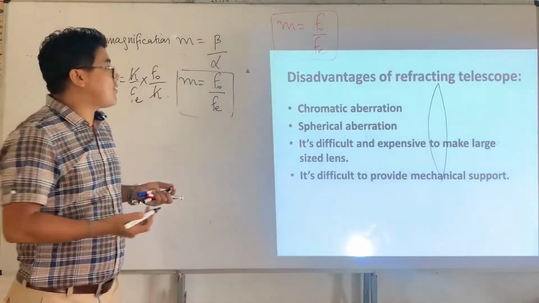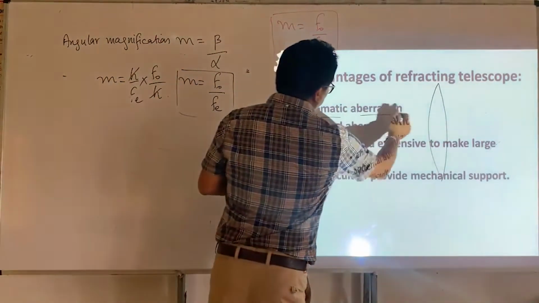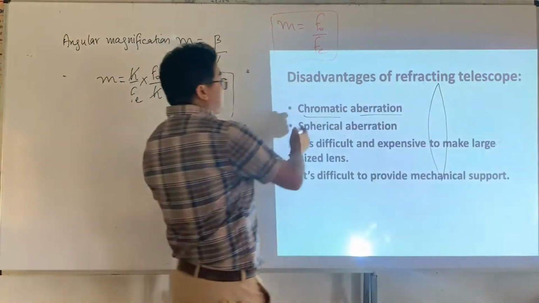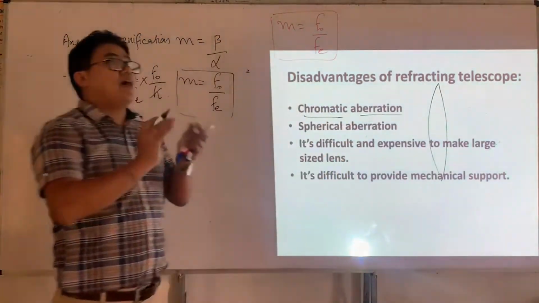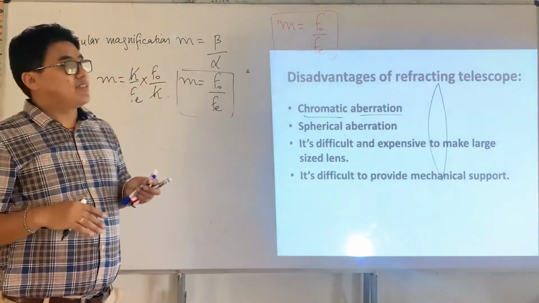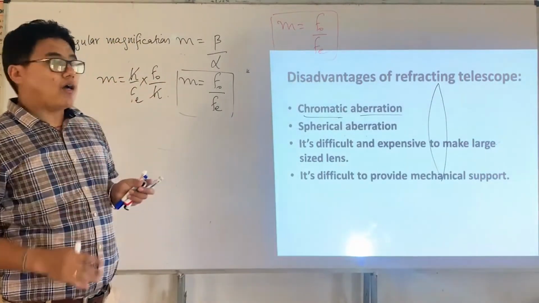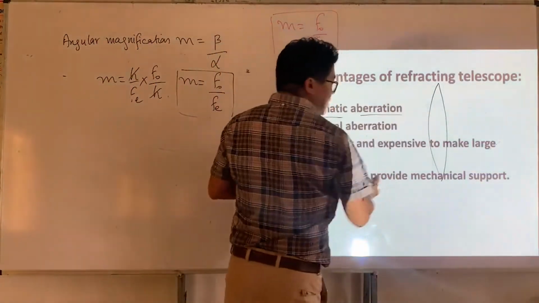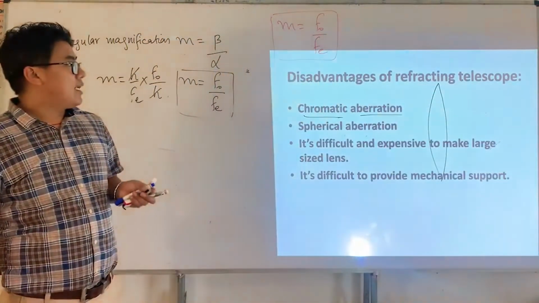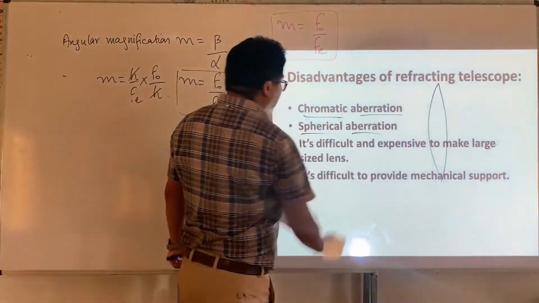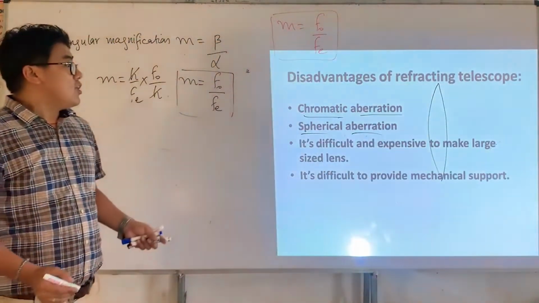If the thickness of the lens increases, then the lens acts like a prism. So this is what we call chromatic aberration. Chromatic means light, and aberration means there is a problem in the color. You see different colors when you look through a telescope. Why? Because this lens acts like a prism. Another limitation is spherical aberration.